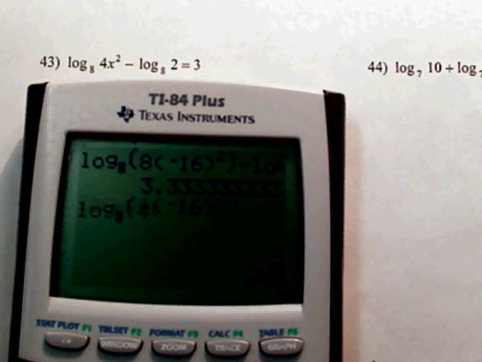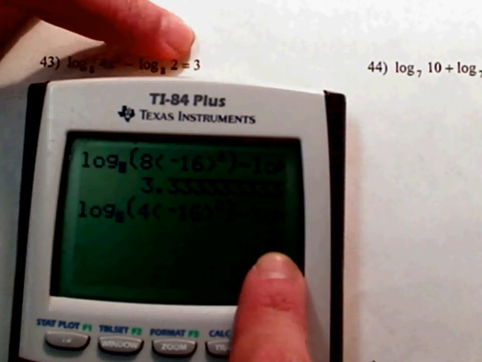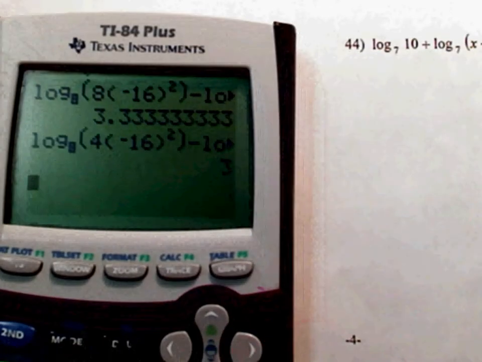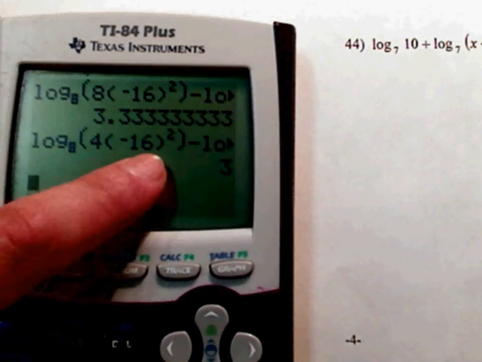Minus alpha window 5, okay, that's 8, that's a 2. See how it comes out to be 3? That works. So since they both work, it's going to be fine. If I had a positive 16 there, anything squared is positive, so that's going to work, okay? So they both work for number 43.